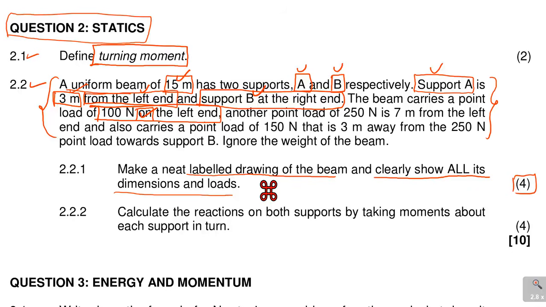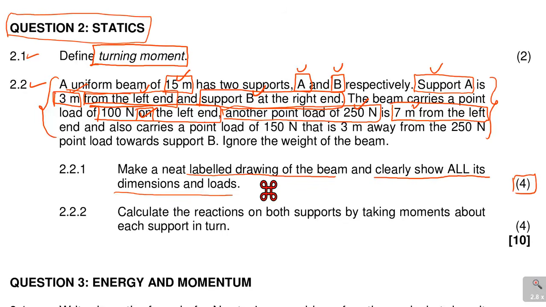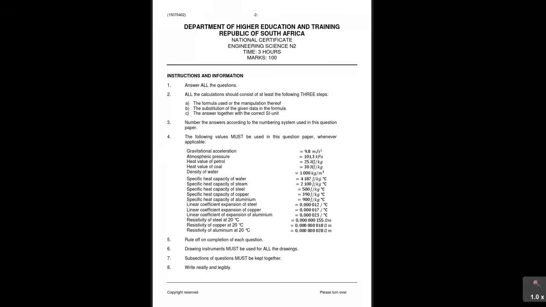And they are saying another point load of 250 newtons. So there is another point load of 250 newtons, which is 7 meters from the left end. Remember our reference point here is from the left end.